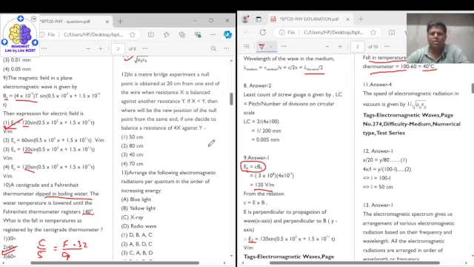See, initially X upon Y was equal to 20 upon 80, right? So from here we get Y is equal to 4 times X. Now they are asking you to balance it with 4X.